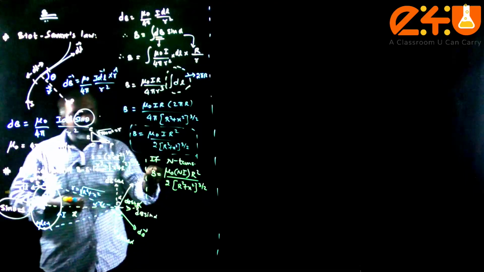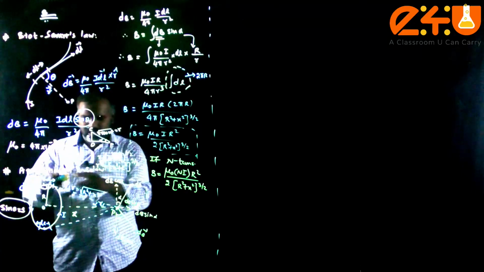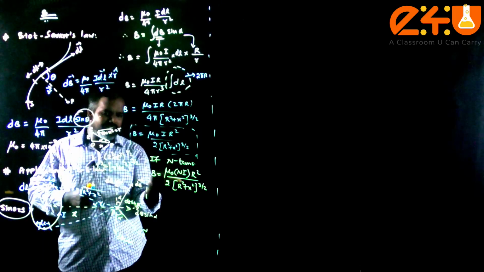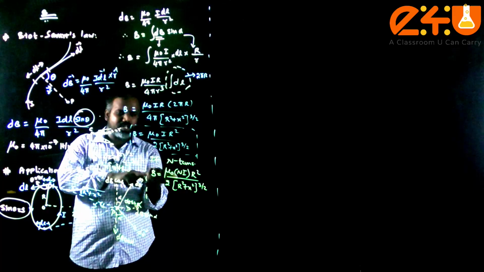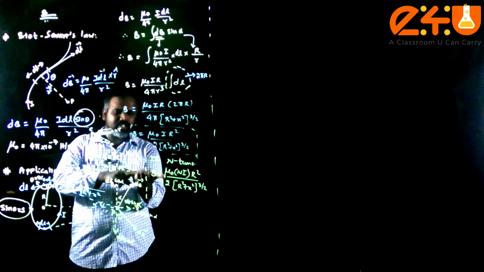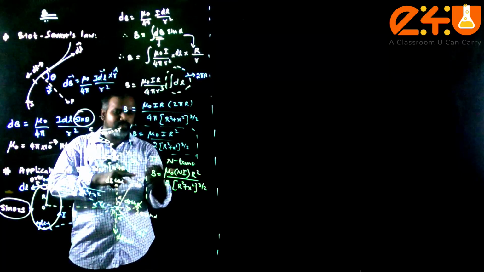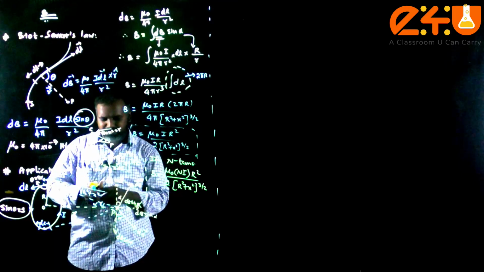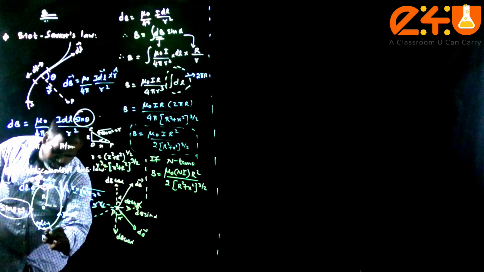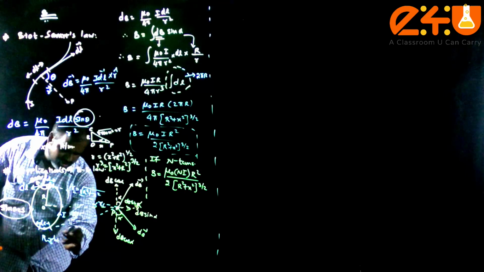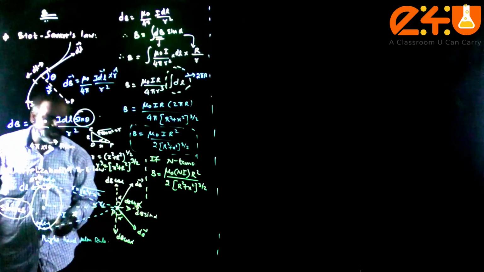Since B is a vector quantity, how to find out the direction of the B vector? In the case of a circular coil, you just use the right hand palm rule. You just hold the coil in your right hand. The curling fingers represent the direction of current flow in the coil. Then the thumb represents the direction of the magnetic field. There are many rules, so this is the right hand palm rule.